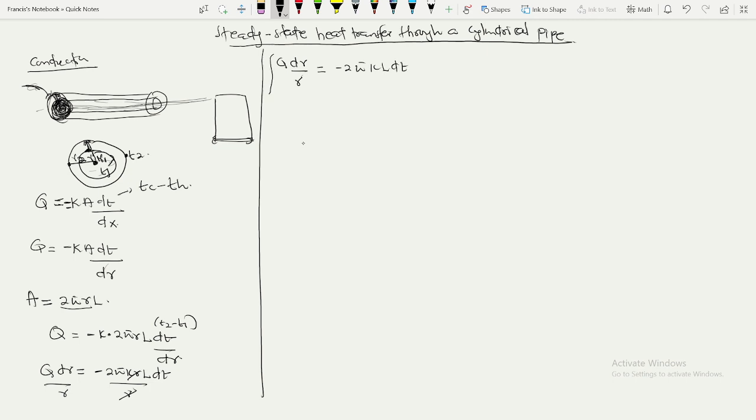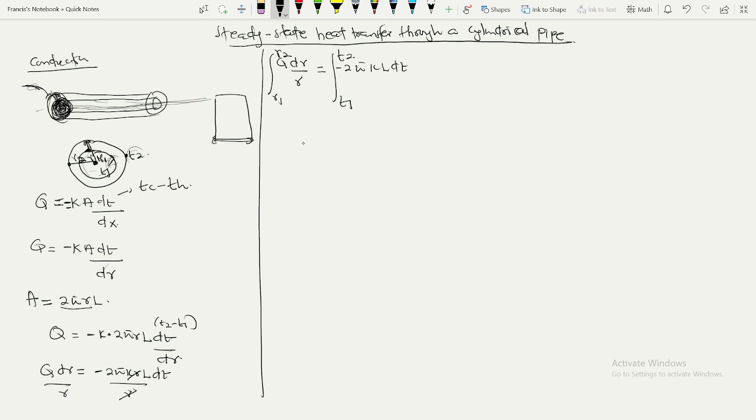So we can integrate, right, from R1 to R2, because there are two radii, this is the smaller one, this is the bigger one. And then here too we can integrate from an initial temperature to the final temperature. Now the initial temperature is the hotter one and the final temperature is the colder one. So T1 to T2.